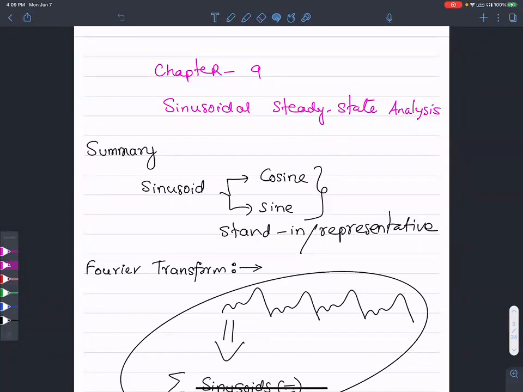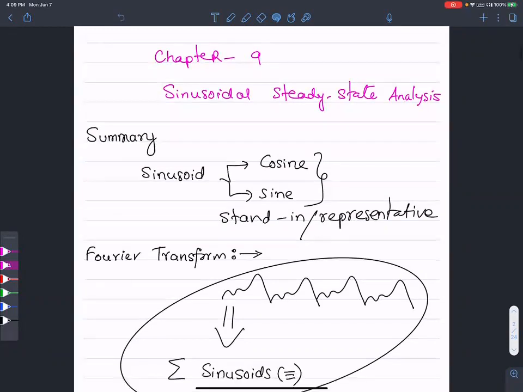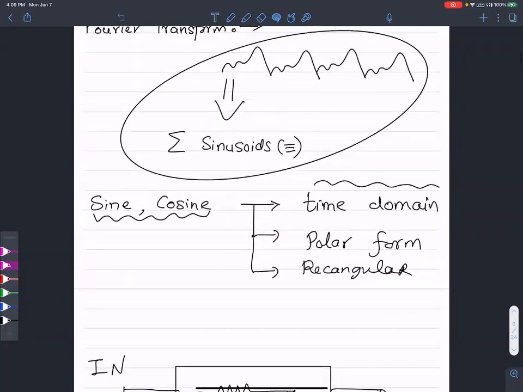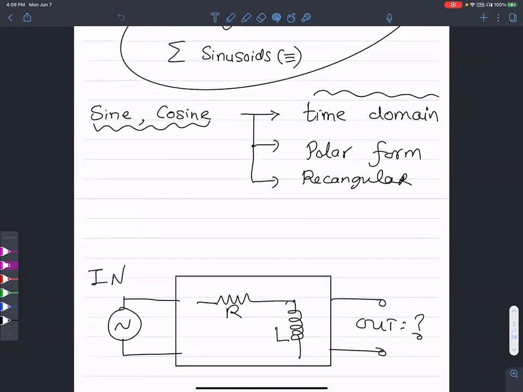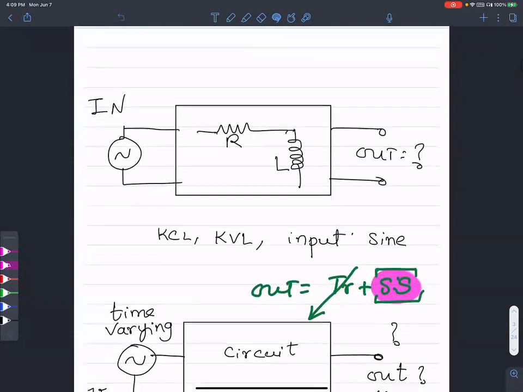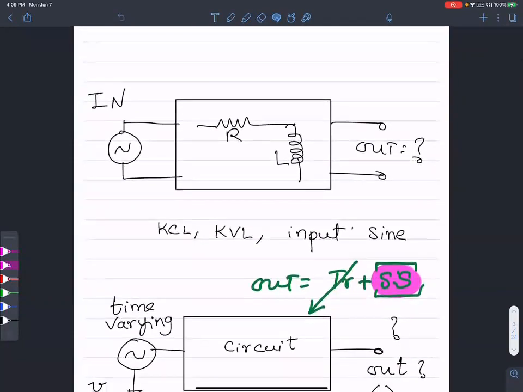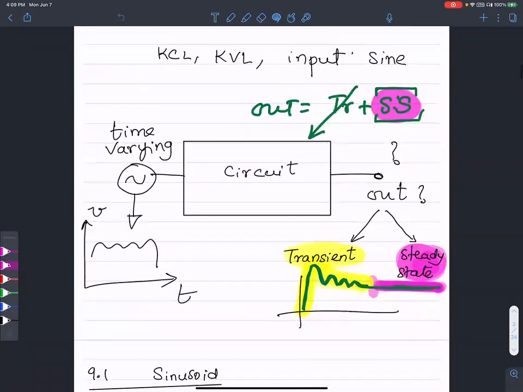Let's quickly review what we did in the last class. What we did is to look at the sinusoidal steady state analysis. I mentioned that sine and cosine can be used interchangeably, just by changing the phase.